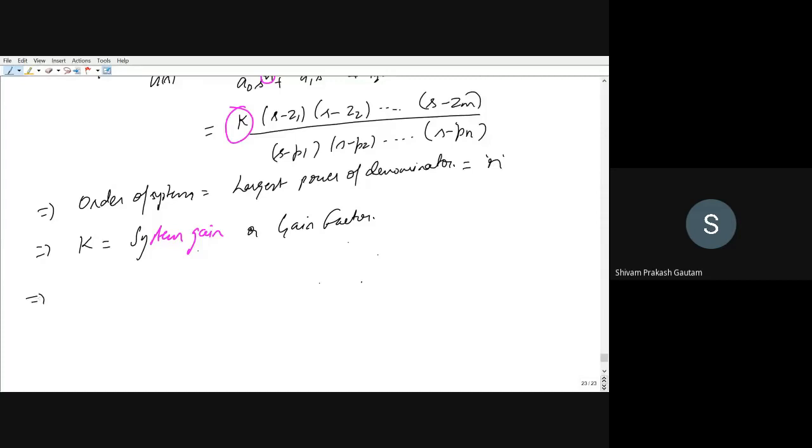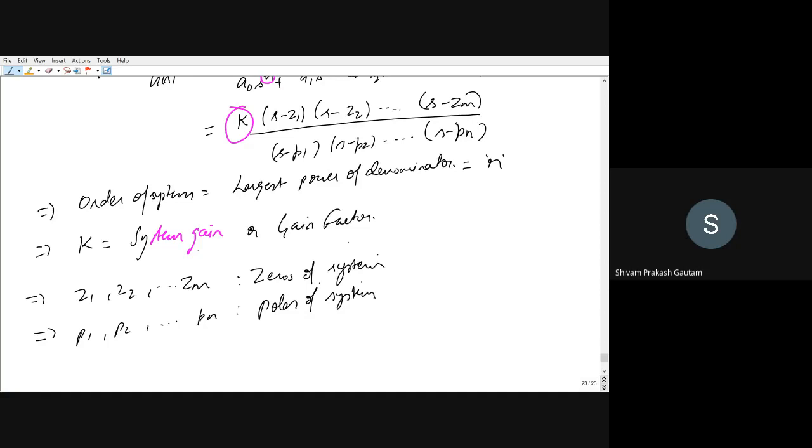Here z1, z2 up to zm are called as zeros of system. p1, p2 up to pn are called as poles of system.